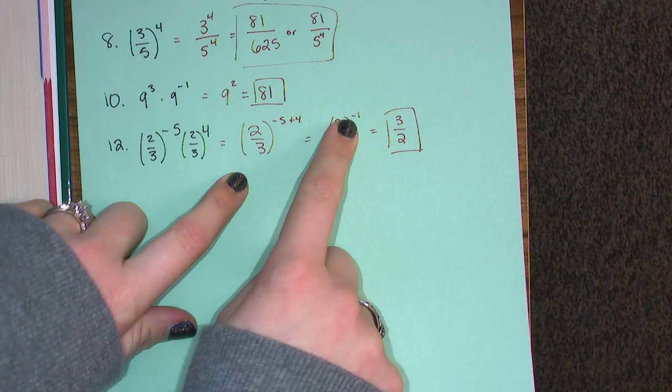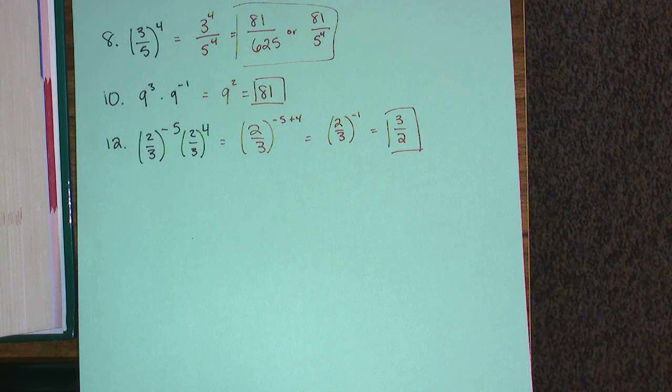The negative flips the whole thing over. So if it's a fraction, it flips it to make it reverse. If you had 3 raised to the negative 1, you'd have 1 over 3, because technically every whole number can be written over 1.